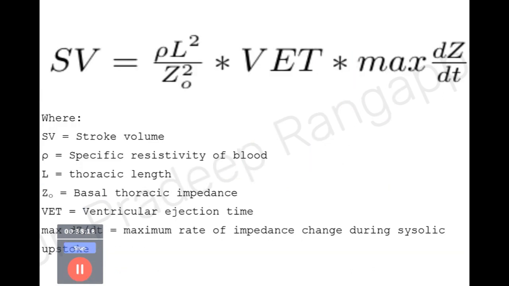And this is the arithmetical equation that is used to derive your cardiac output, where P is specific resistivity of blood, L is the thoracic length, Z0 is the basal thoracic impedance, VET is the ventricular ejection time, and max dZ/dt is the maximum rate of impedance change during systolic upstroke. So is that clear?